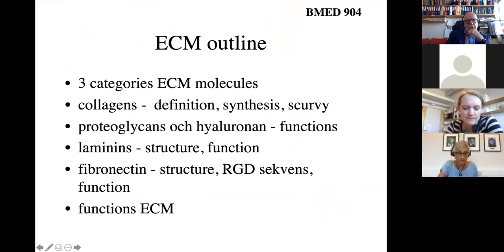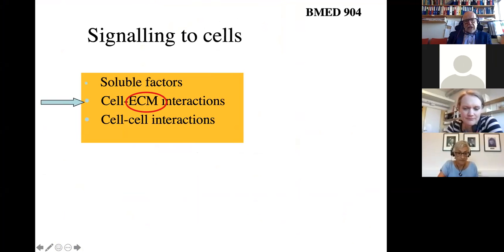So this is the outline of the talk. In general, when I talk about how cells receive information from the surroundings, I divide the signals that a cell communicates with its environment into 3 parts. Soluble factors like growth factors, cell-cell interactions mediated via cadherins and cell adhesion molecules, and the third type of information collection that the cell pursues constantly is that with the extracellular matrix.